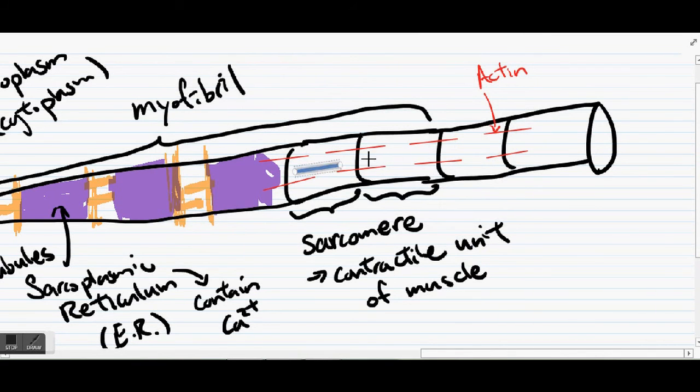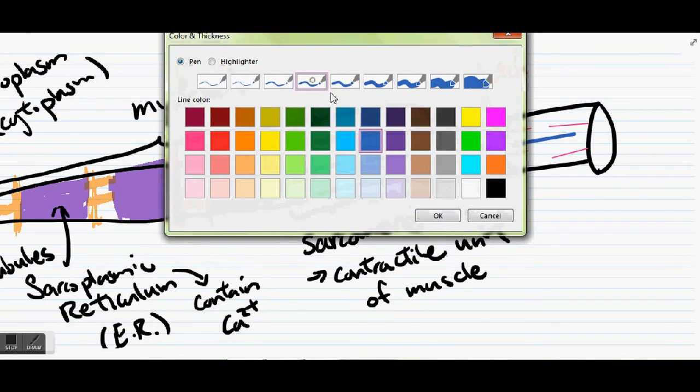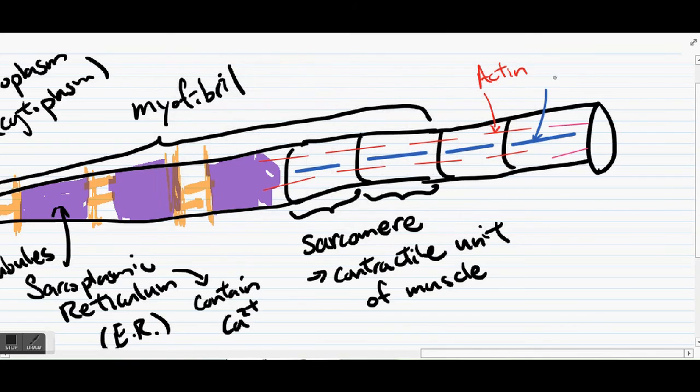Let's draw a little bit more for the actin. There's more actin here. And so the myosin in the center, the thick filament in the center, actually has heads on it. And during a contraction, what's going to happen is that the myosin head will grab on to the actin filament, and it will cause the sarcomere to shorten in this direction.